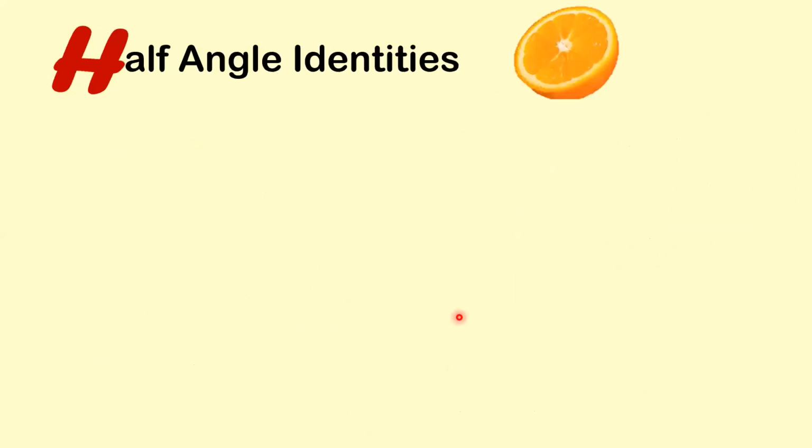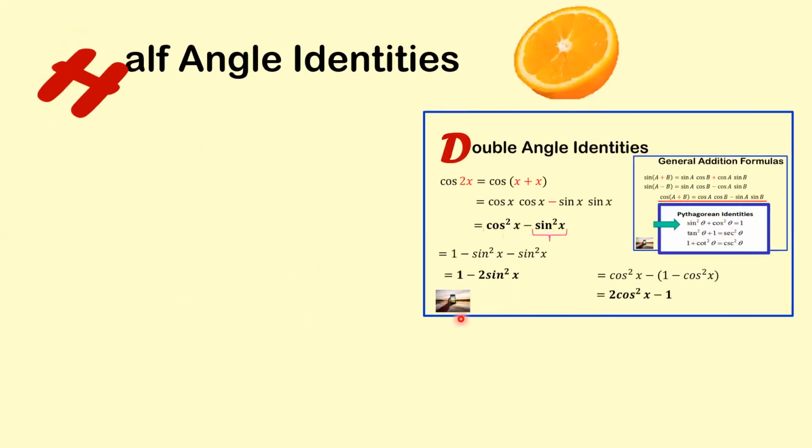Ayan. So, pwede naman tayo mag-half angle identity din. Pero yung half angle identity natin, gagamit tayo dun sa cosine na double angle. Okay? So, sa half angle identity, we can make use of this formula. Cosine 2x is equal to that, no? Take note, since half angle identity tayo, nandito yung nasa left side, tas yung cosine 2x yung nasa right side. This angle here is half of the angle right there.